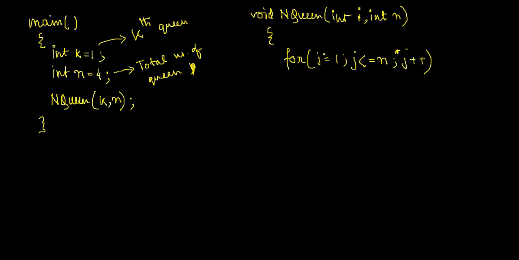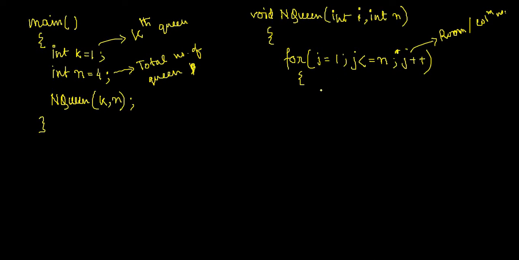This j represents the room, or you can say the column number, where the king wants to place the ith queen. Before placing the ith queen in the jth column, it has to check: is the place safe? Is the place not visible from others or not?